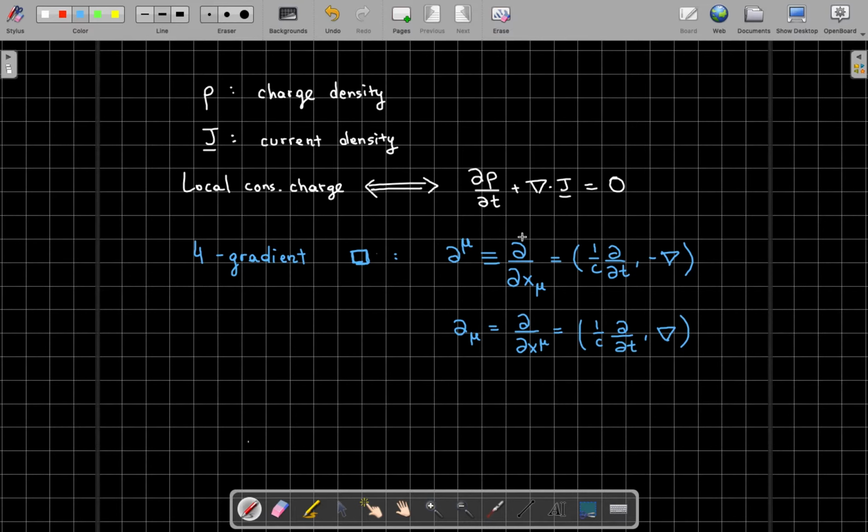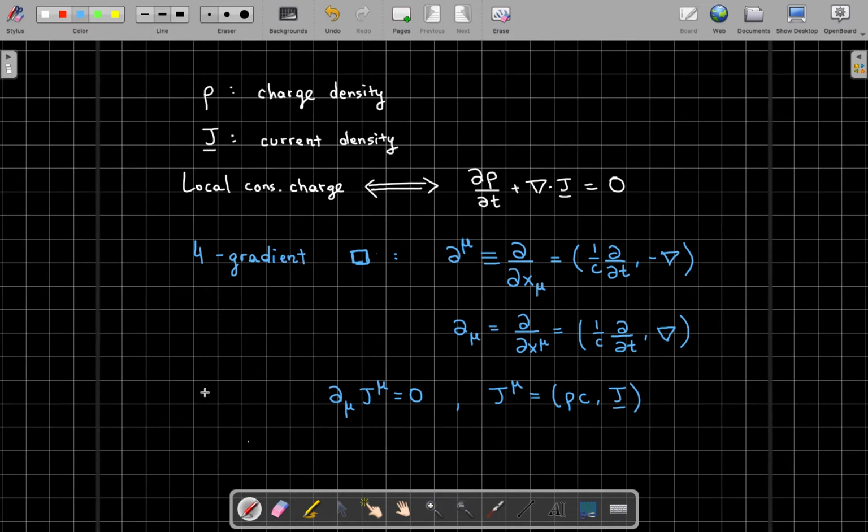Well, you can clearly see that the continuity equation using the four-gradient can be written as this, where J^mu is supposedly equal to rho times c, and then the current density.